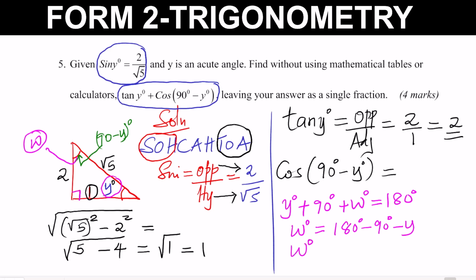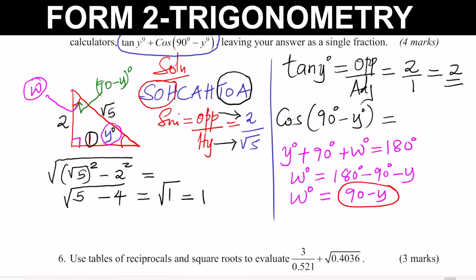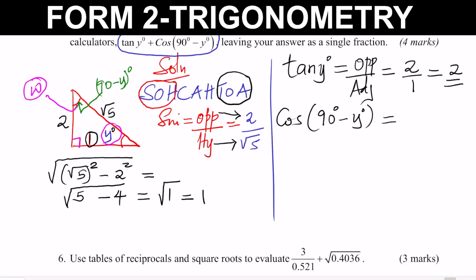So W degrees gives 90 minus y. Now you can see how you identify that angle as 90 subtract y. That was just what I needed to explain.